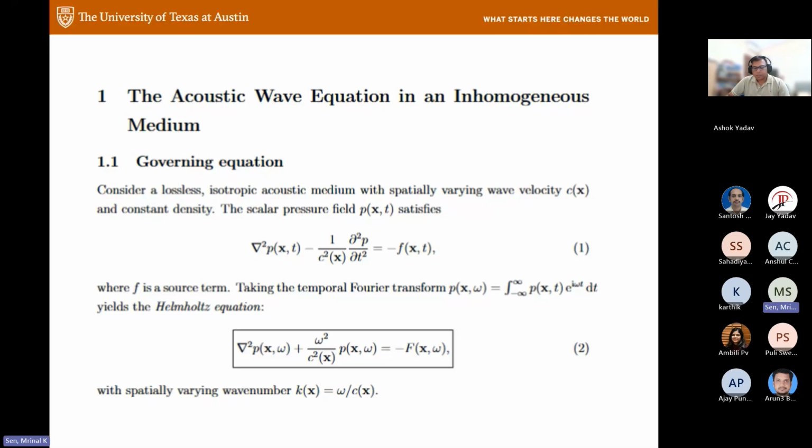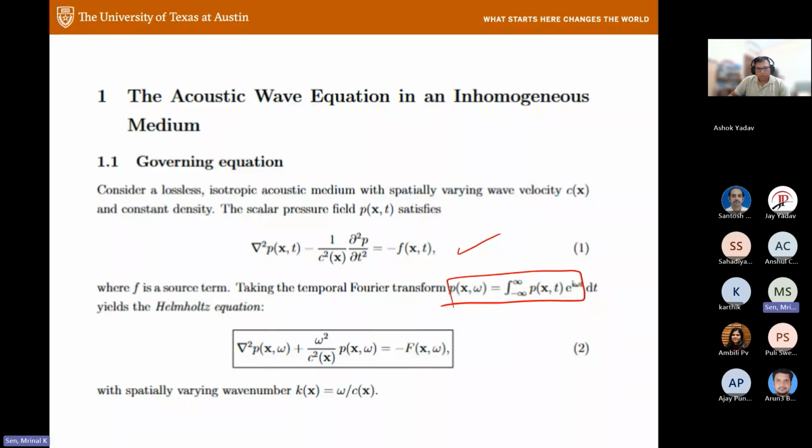So I will just stick to acoustic media. This is our constant density acoustic wave equation, where P is a scalar field. It could be pressure, depending on what kind of equation you are using. And we will transform this wave equation to the frequency domain, and that gives us our famous Helmholtz equation.